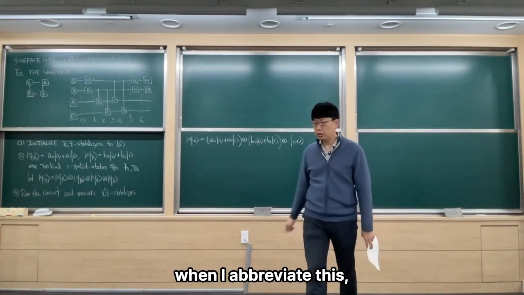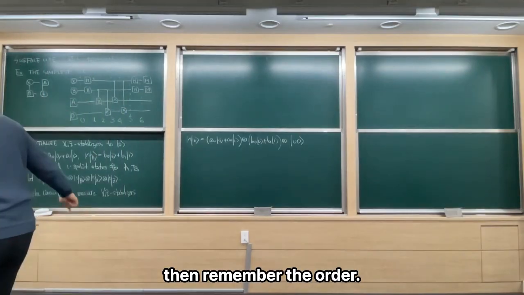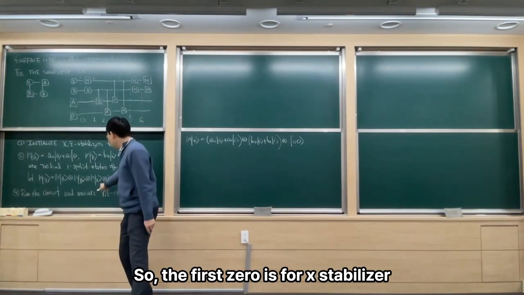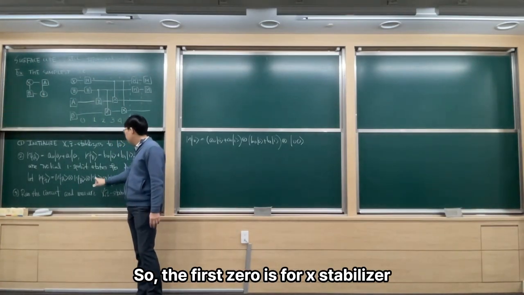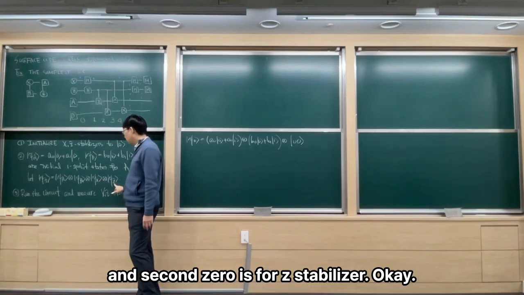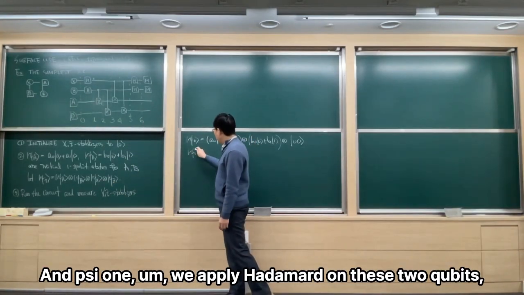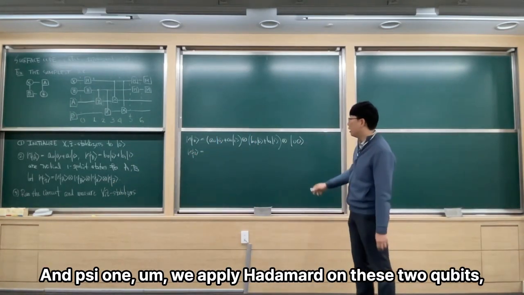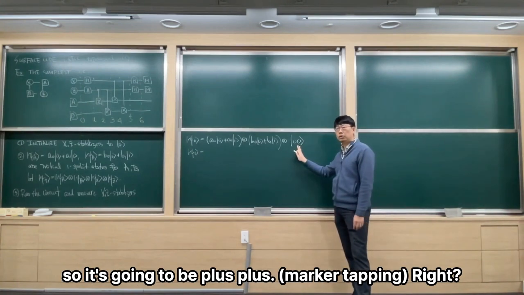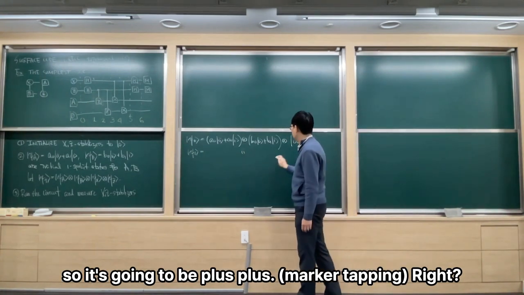When I abbreviate this, remember the order. The first 0 is for the X stabilizer, and the second 0 is for the Z stabilizer. Okay? And for psi 1, we apply Hadamard on these 2 qubits, so it's going to be plus plus.